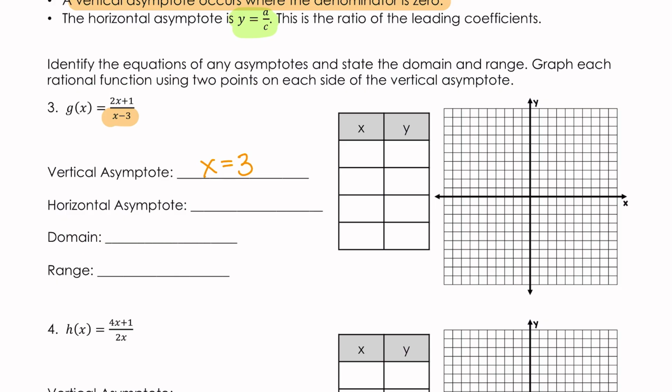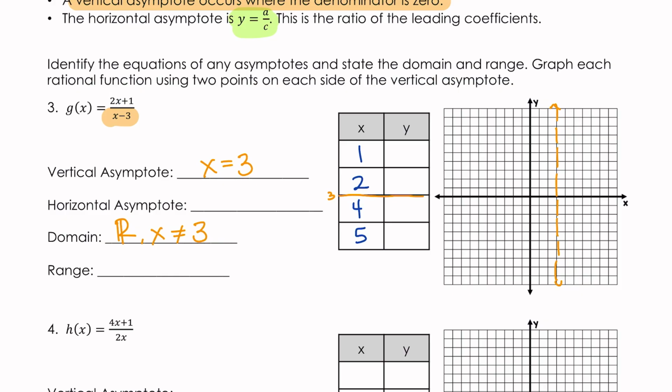I can plot my asymptote, and then I can also use that to say the domain is all real numbers except where x cannot be 3, because that would make the denominator equal 0. And then our 3 is still going to be like the midpoint of our table. And so I can go to the left, 2 and 1, and to the right, 4 and 5, from that midpoint.